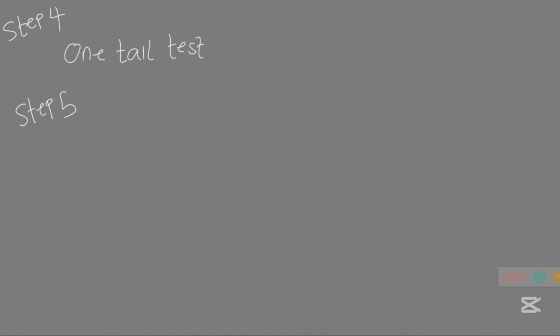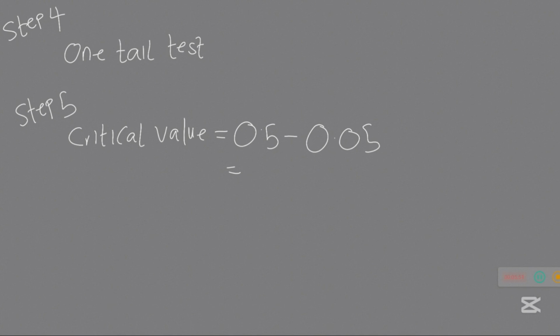So in order to get our critical value, we're going to use 0.5, which is that constant value. Then you subtract your level of significance, which is 0.05, from 0.5. 0.5 minus 0.05, you get 0.45. Now, after you get this as your answer, this is not your main answer.